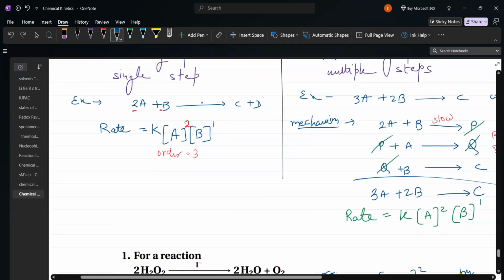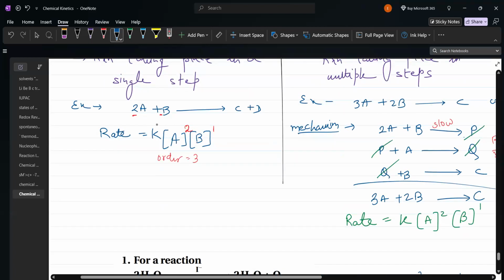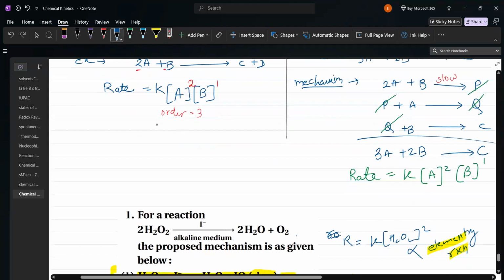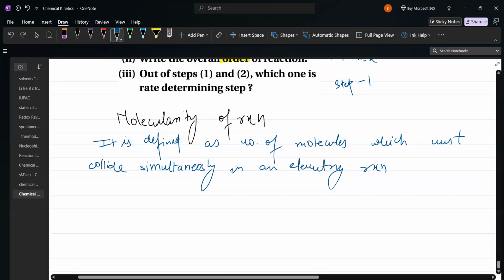Like in this reaction, 2A plus B, if 1A and 1B are colliding, the things will not work out. Two molecules of A should collide with one molecule of B simultaneously, then the reaction will take place. So this is the definition of molecularity of reaction.